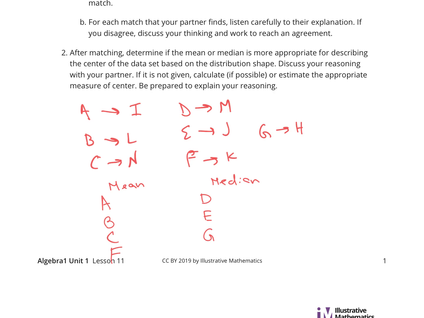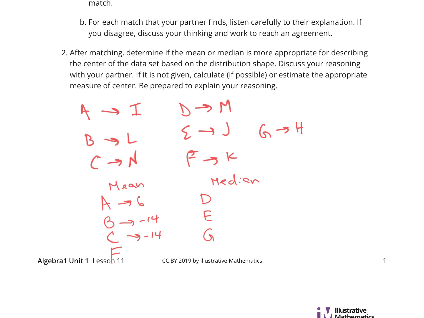So for A, it already gives you the mean, so you don't have to do anything with that. For B, it gives you the mean as well, so we know that's -14. For C, it also gives you the mean, so that's also -14. And for F, it gives you the median, so this is the only one that it doesn't give you the mean for.